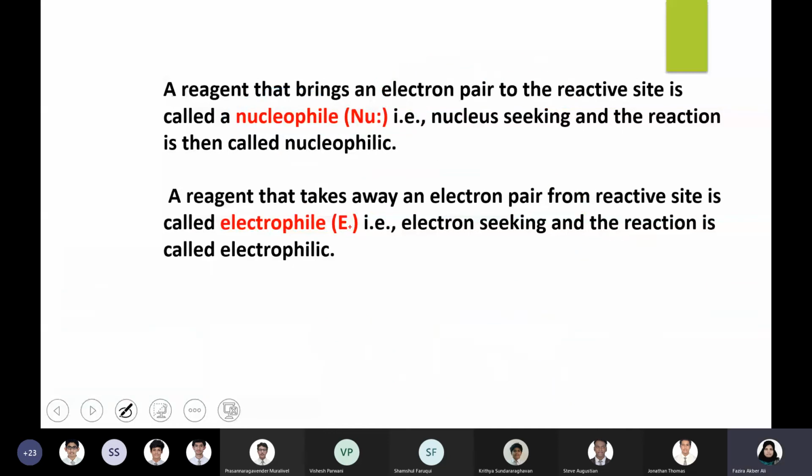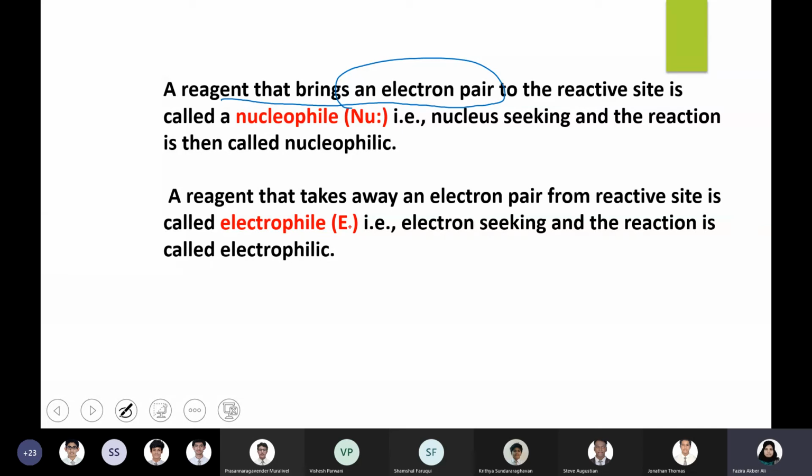Okay, so try to define a nucleophile in this way: a reagent that brings an electron pair because they are electron rich compounds. When a nucleophile is added, it will be able to donate or give out that electron pair to the reactive site.